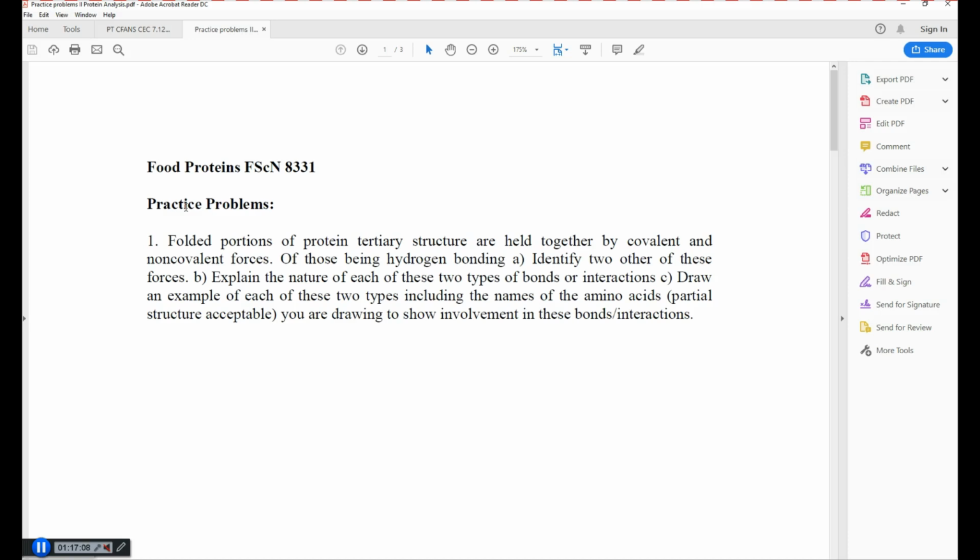All right. Let's get started with working on your practice problems. So question 1 is still talking about structure a little bit. And then the other question for protein separation analysis and characterization. Let's focus on this.